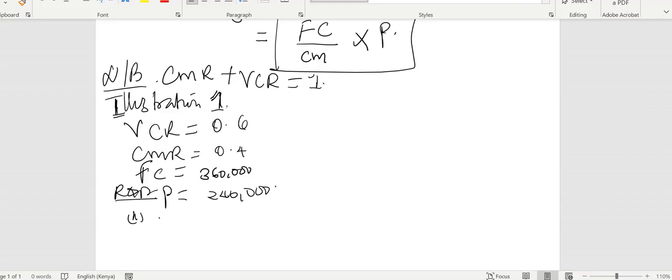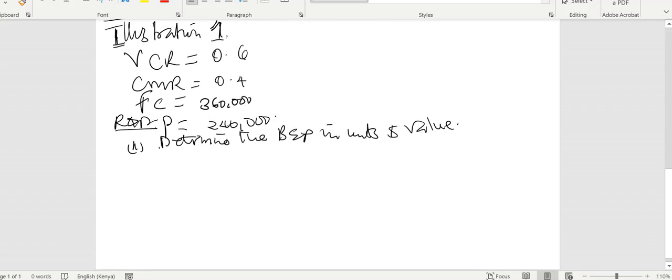Determine the break-even point in units and in value.